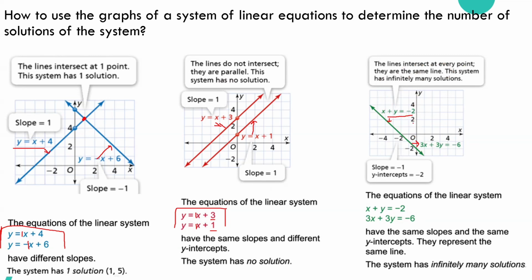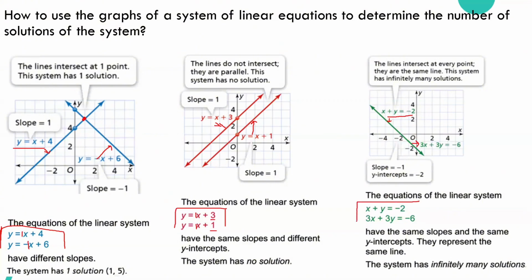So once the two equations in the system of linear equations form one line, it means that the system has infinitely many solutions. When you graph the system of equations and it is just one line, that system is said to have infinitely many solutions.